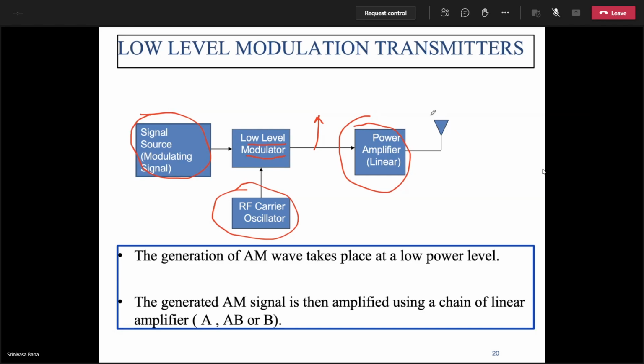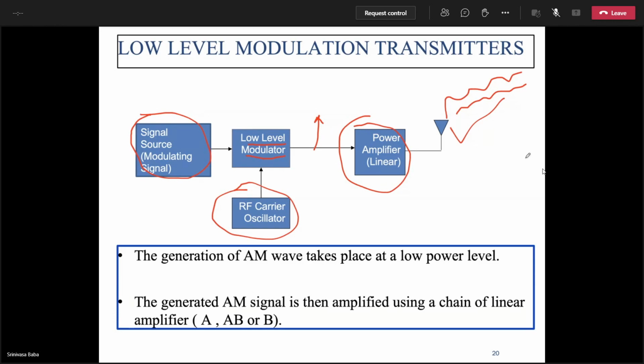Then that signal will be radiated with the help of an antenna. This is your antenna. So that modulated carrier with power raised to a desired value is transmitted over the antenna in the form of electromagnetic energy. This is your electromagnetic energy radiated into free space.